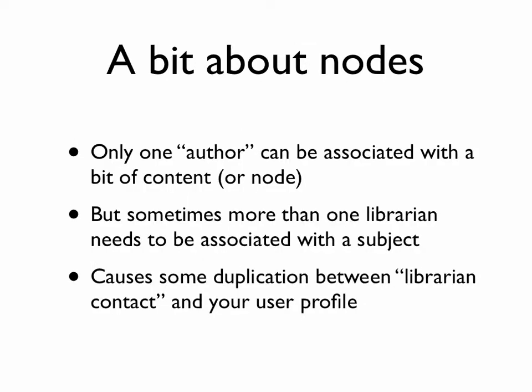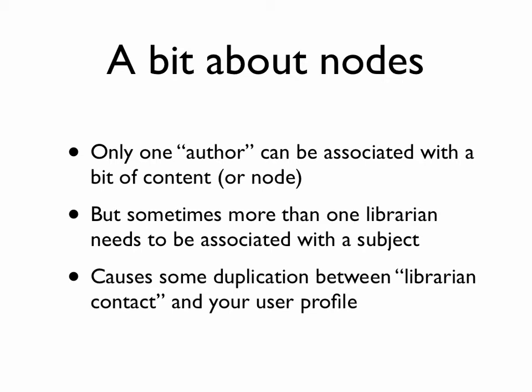So just a tiny bit about nodes. The thing about Drupal is it uses a whole different terminology. A node is what I've been referring to as a piece of content, a piece of information. Only one author can be associated with a bit of content, so that's a one-to-one relationship.